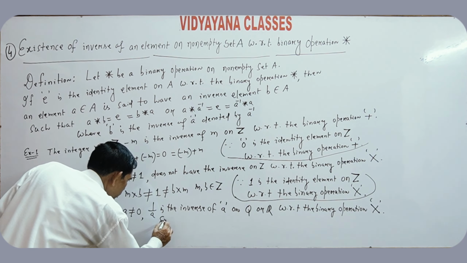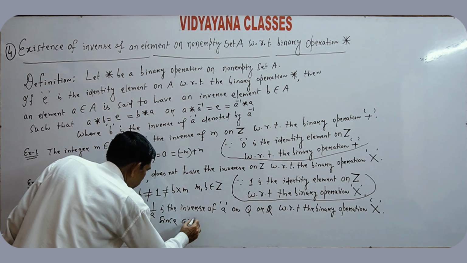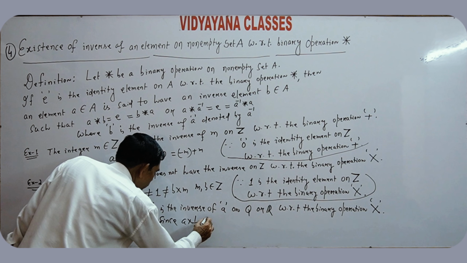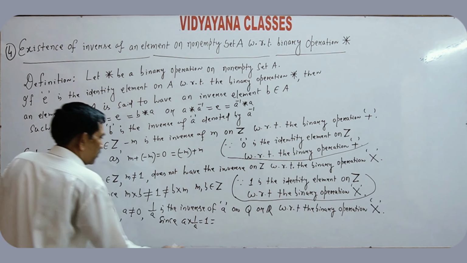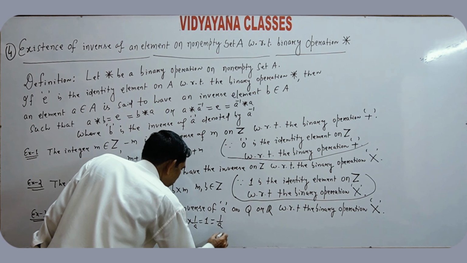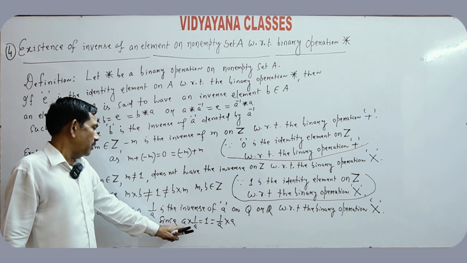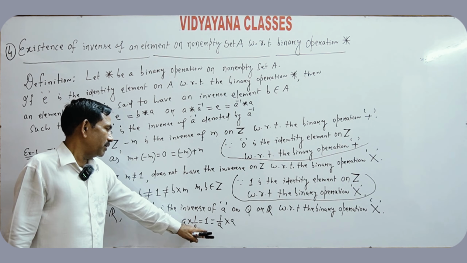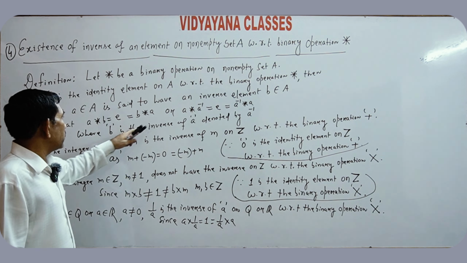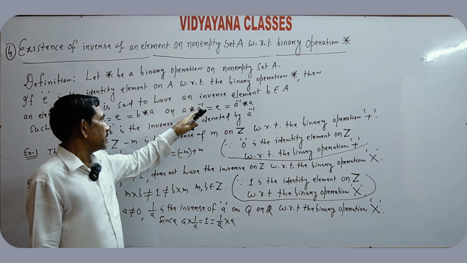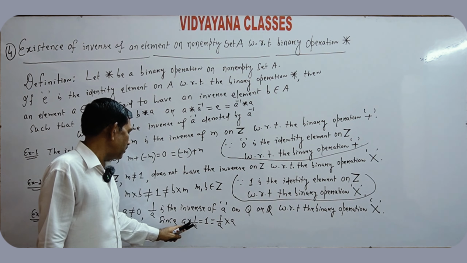Since a into 1 by a is equal to 1, which is same as 1 by a into a. a into b is equal to identity element, b means 1 by a. Or a to the minus 1 is the inverse of a. 1 by a is the inverse of a.